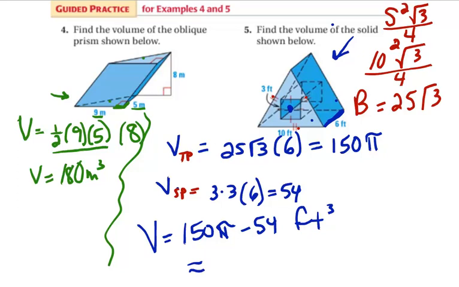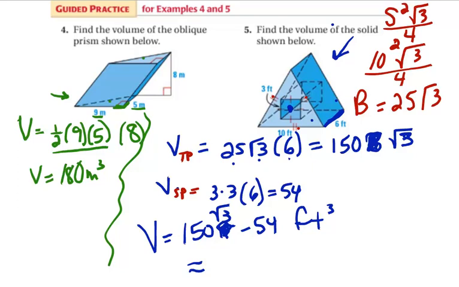Okay, have to go back and correct something. I don't know why I was writing pi right up here. So this was 25 square roots of 3 times 6, which is 150 square roots of 3. I don't know where pi came from in my brain. So down here, again, 150, not pi, but the square root of 3. You guys are all probably sitting there going, what is she talking about?